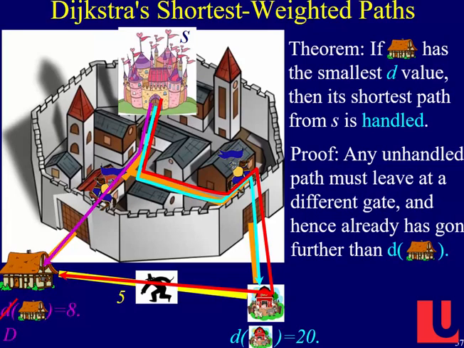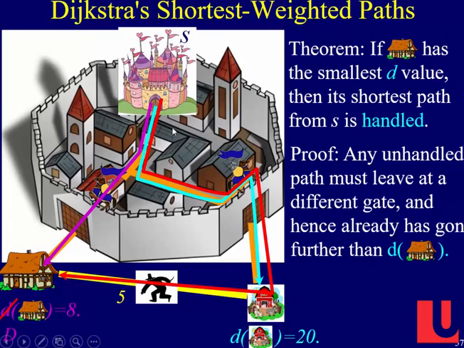Yeah, but if this is 6, we would be talking about this. This is the node that has the smallest d value. It has the smallest d value of the unhandled nodes, right?